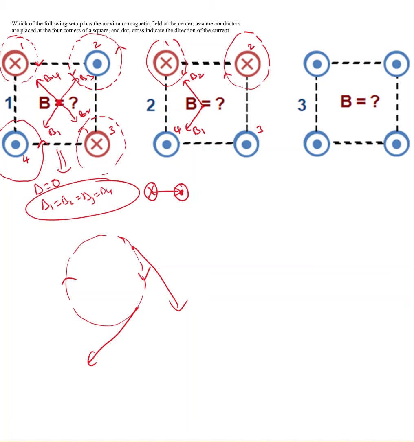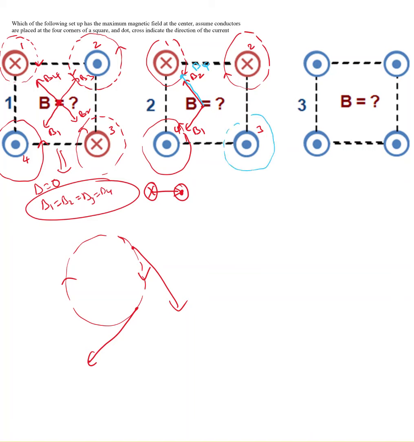Now the fourth conductor, so my B4 is going to be in the same direction.